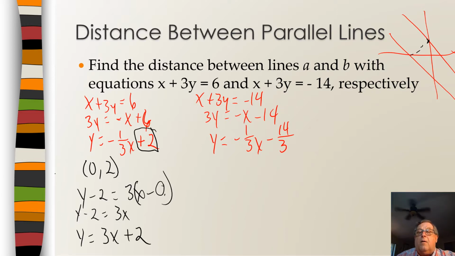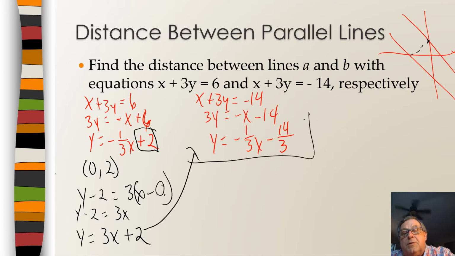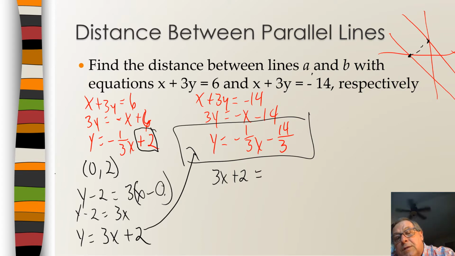All right, now I'm going to use the system of equations, and I'm going to substitute in this for y into this equation to find where this point of intersection might be. So we got 3x plus 2 equals -1/3 x minus 14/3.